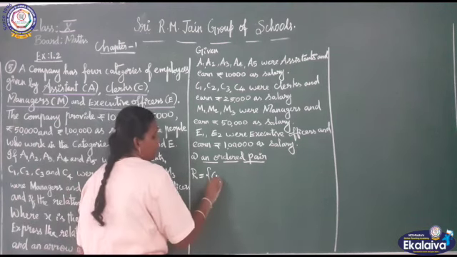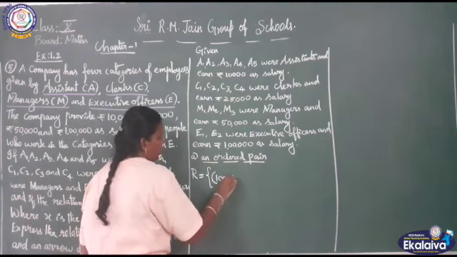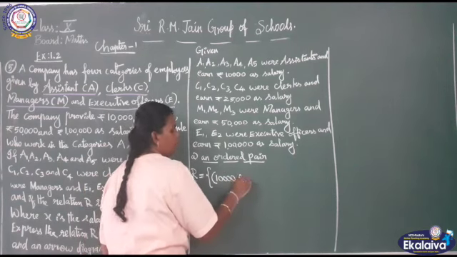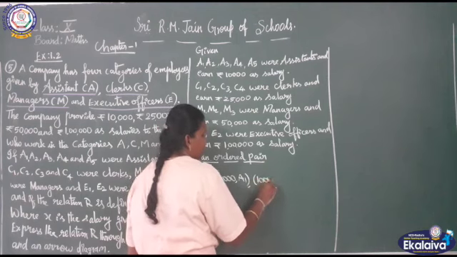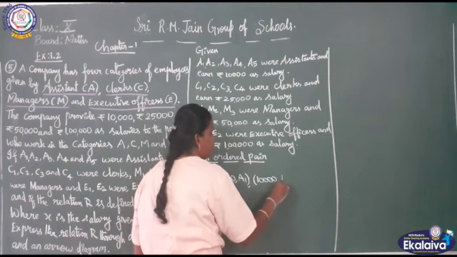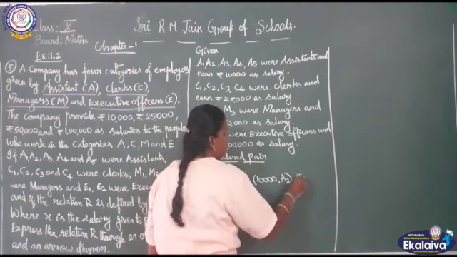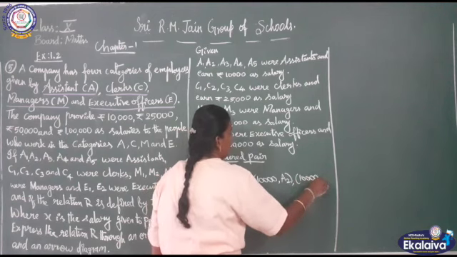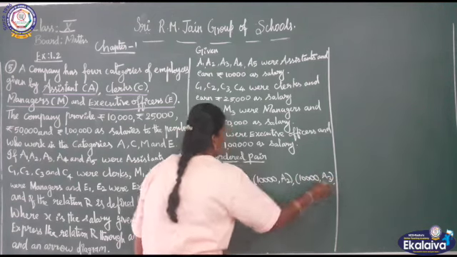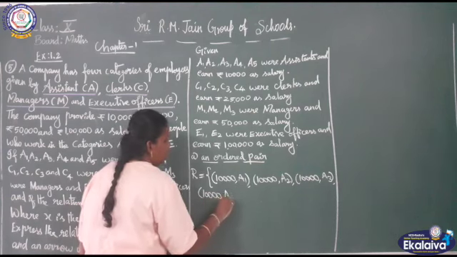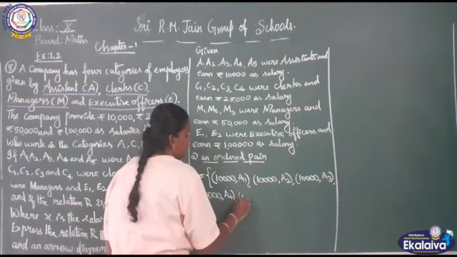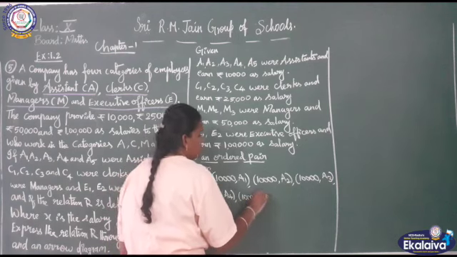So salary 10,000 is received by first assistant. Then the same salary 10,000 received by second assistant, again 10,000 received by third assistant, then fourth assistant, then fifth assistant.